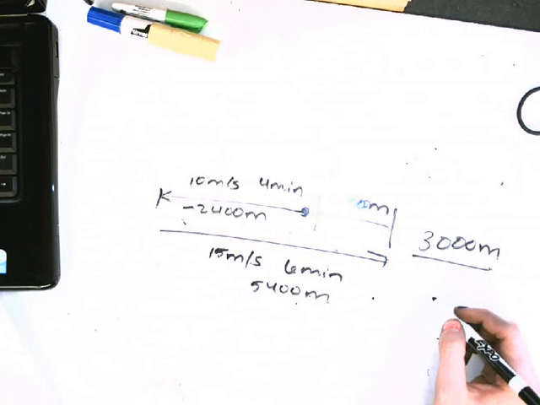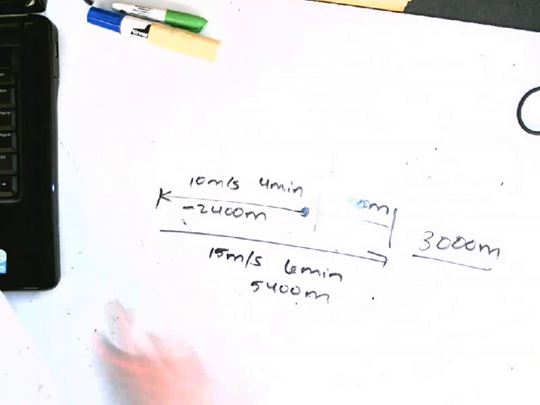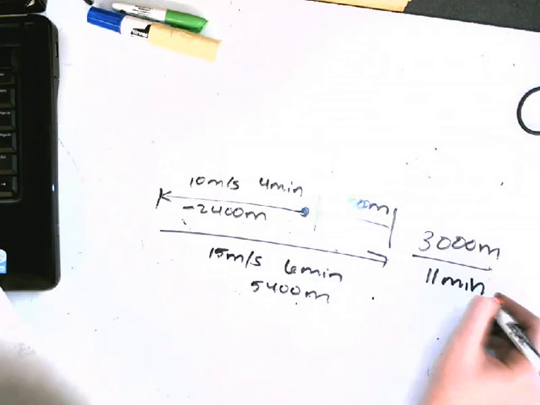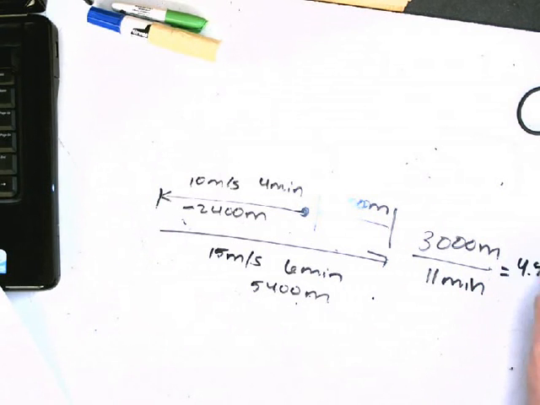So you have a total of 11 minutes. And so that ends up being about 4.5 meters per second. So that would be your velocity, because you're taking the displacement.